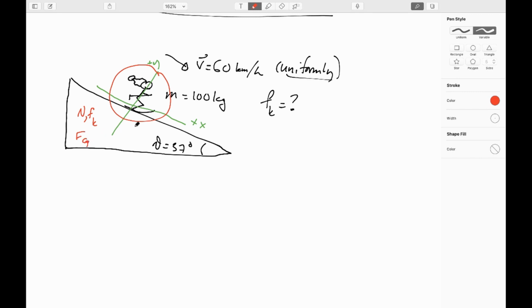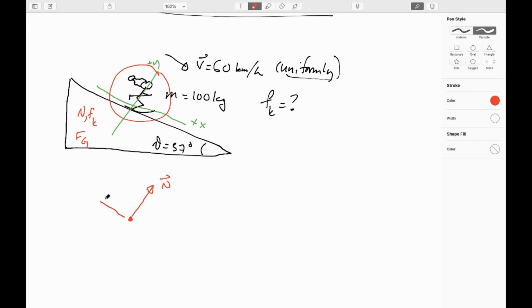So with that, let's go ahead and start analyzing our system. So we'll make a free body diagram, and the normal force is going to be perpendicular to the surface, because remember, that's what that means.